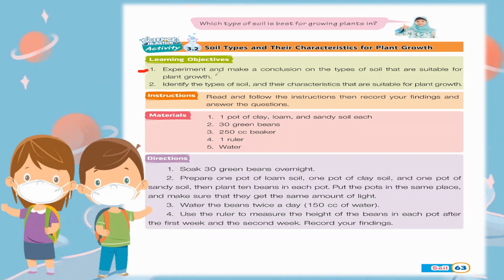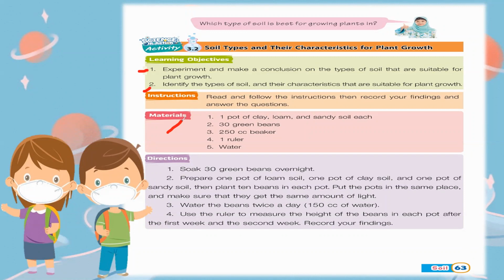So what we want to learn is which type of soil is more suitable for the growth of plants. Second, identify the types of soil and their characteristics that are suitable for growth. Here we are going to follow some instructions, and we require some materials as well. Now we are going to read and follow the instructions, then record your findings.